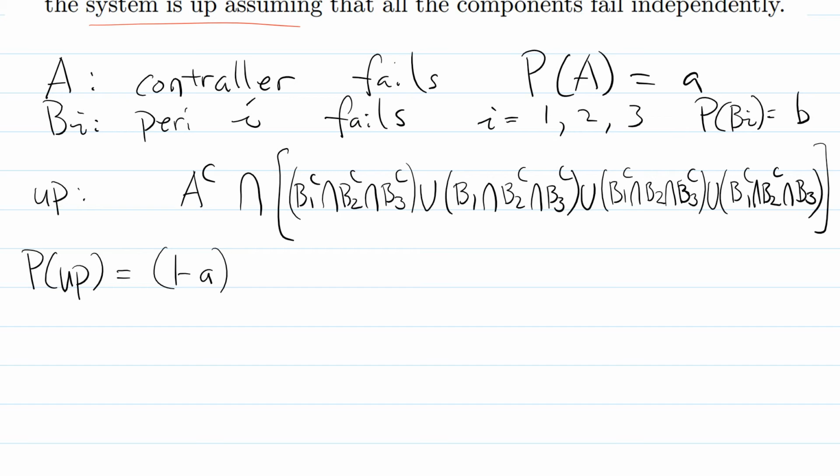And for intersection, here we use the product, because we are given that all components fail independently, so all this intersection is done on independent events. And these four small situations do not overlap, so the probability of them is the sum of the four probability measures.